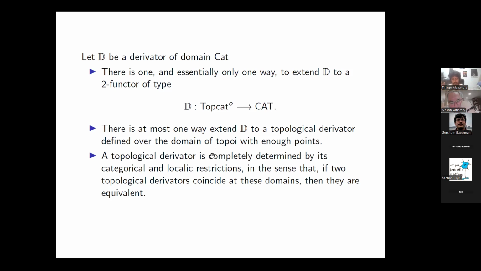So for the domain of toposes with enough points, the uniqueness is proved. And the third important theorem is that a topological derivator is completely determined by its categorical and localic restrictions, or Boolean restrictions, the restriction to Boolean toposes. In that sense, if two topological derivators coincide on these domains, then they are equivalent.